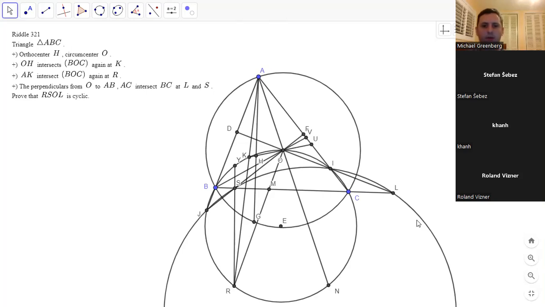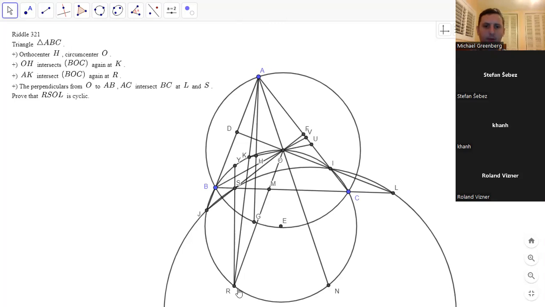And it looks like, so is there another angle?